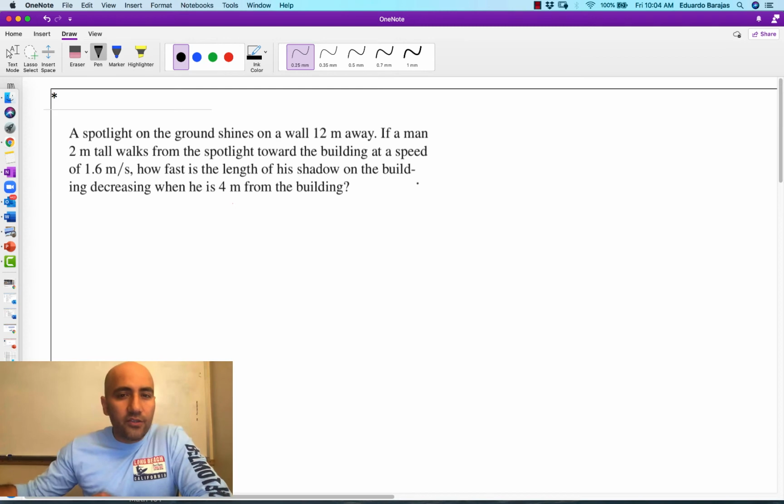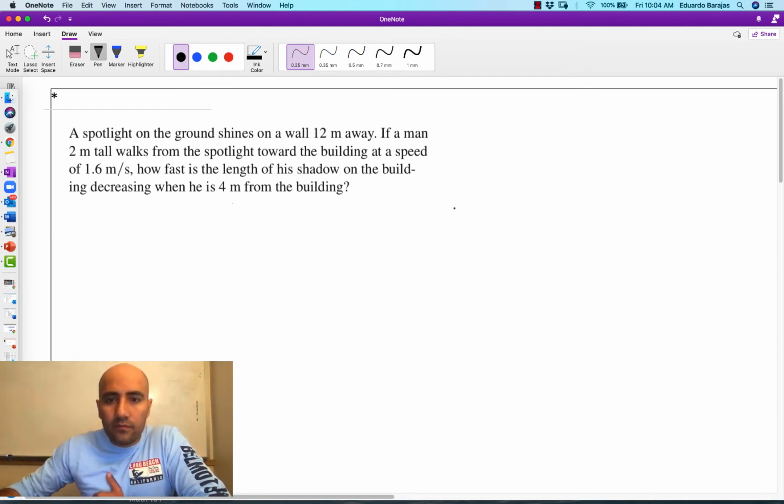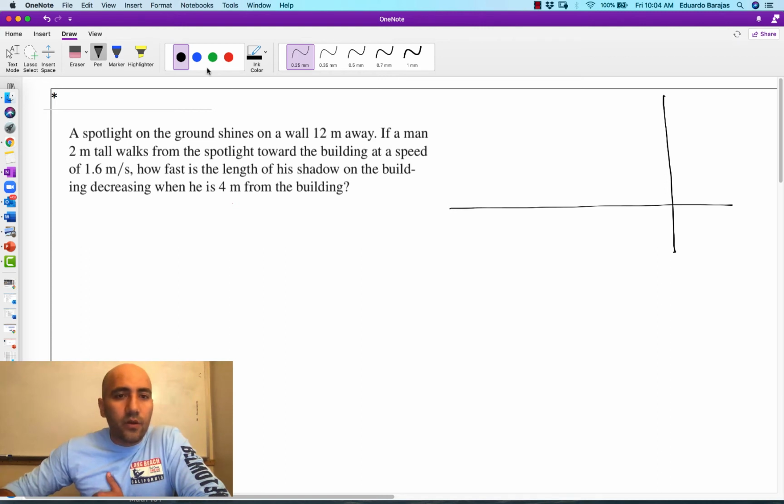Let's draw a little picture to try and figure out everything. So we have some sort of a little spotlight. I'll put it on the ground. So let's see. Here's our ground. And then we have a wall. A spotlight on the ground shines on a wall 12 meters away.